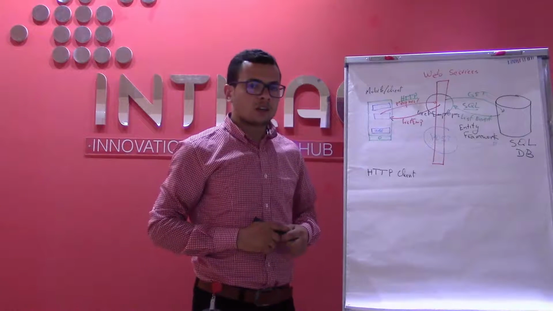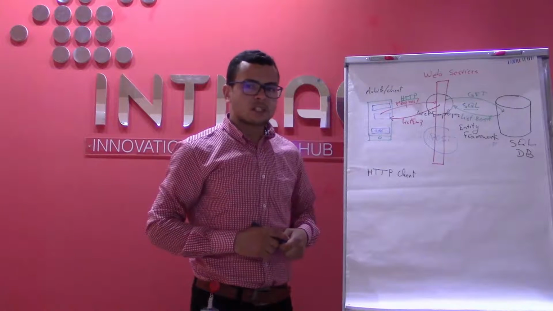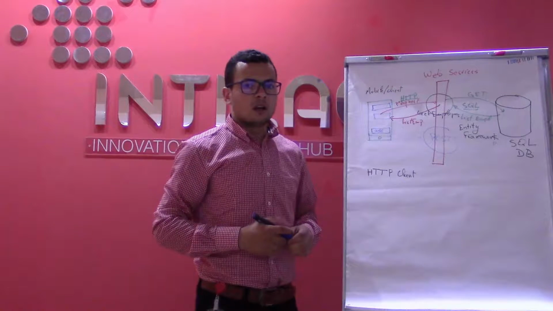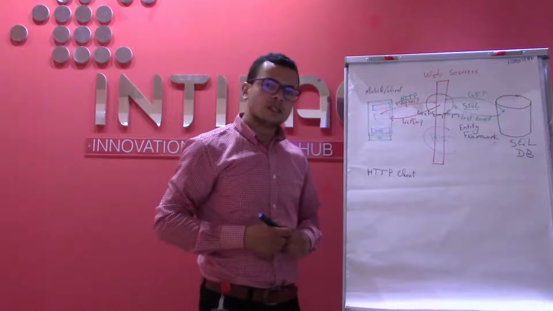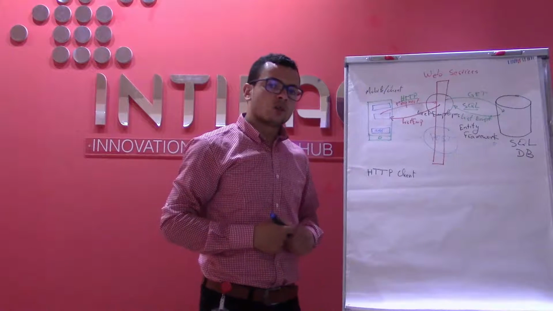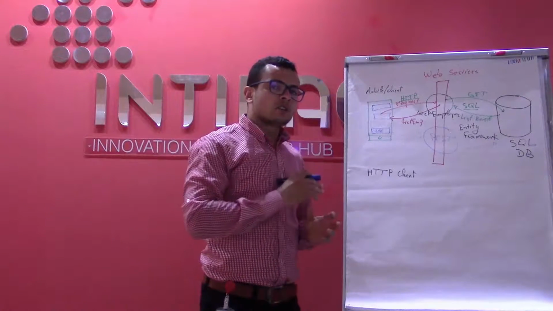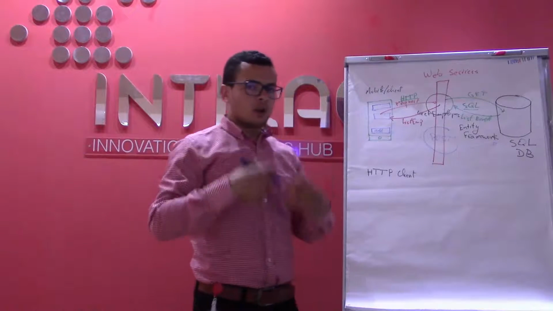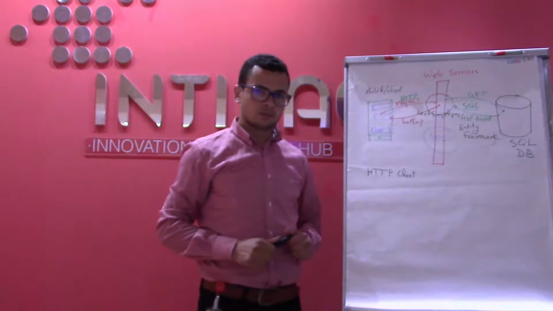Remember that employee services were implemented during the last video and already had functionality for getting the list of the employees. Today we'll add another function to that class. This function will be responsible for adding another employee to the web services. So let's start.